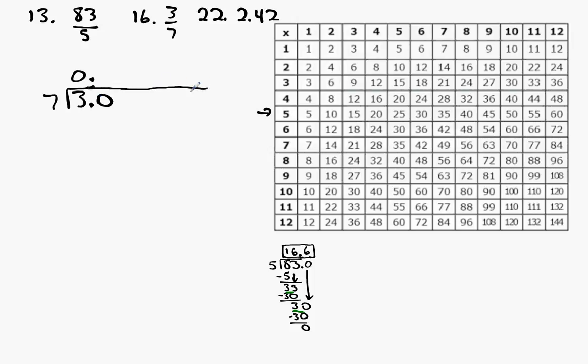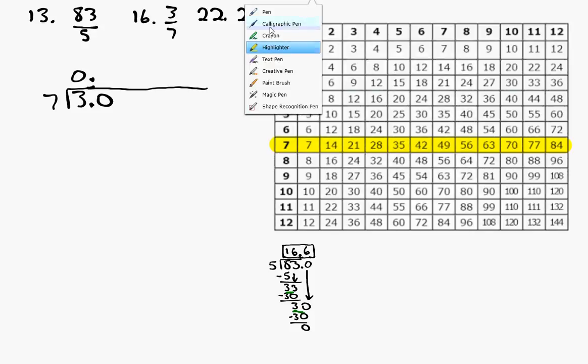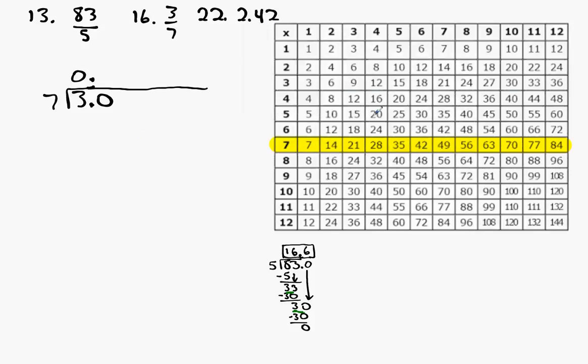I'm going to foreshadow a little bit here. 7 goes into 30, so we're going to need our 7's times table here. Let me see if I have a highlighter. Highlight our 7's table. Okay. So how many times can 7 go into 30? Well, that is 4. 4 times 7 is 28.